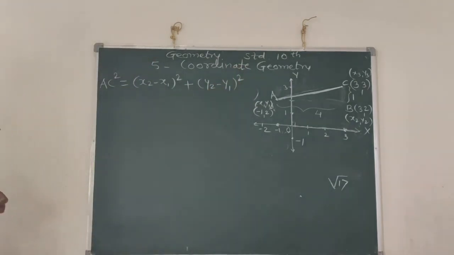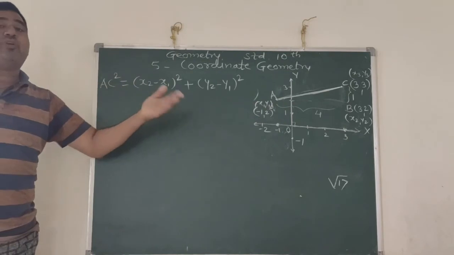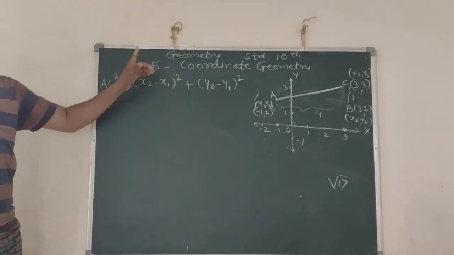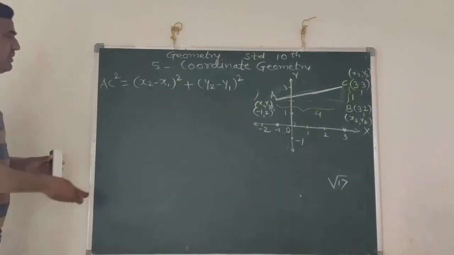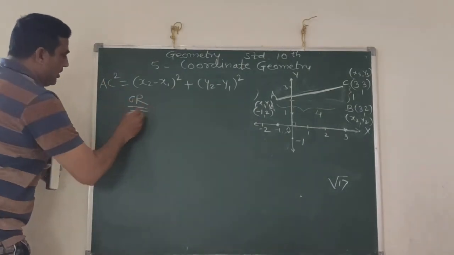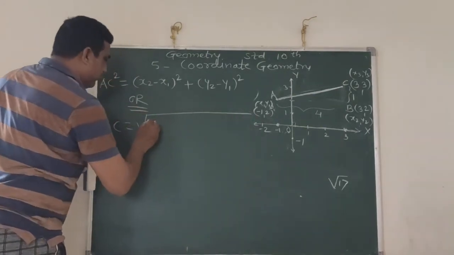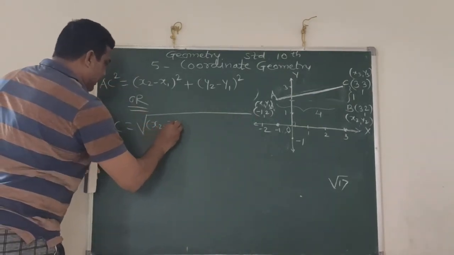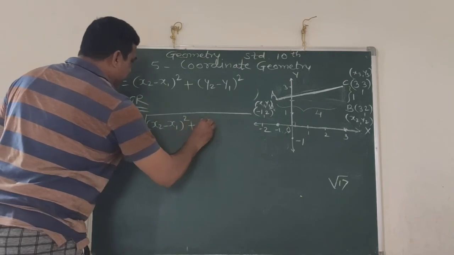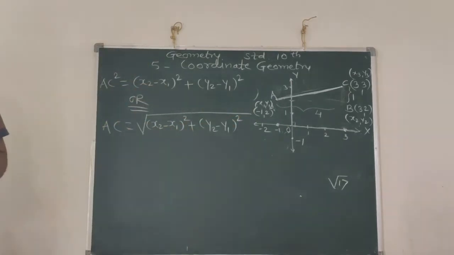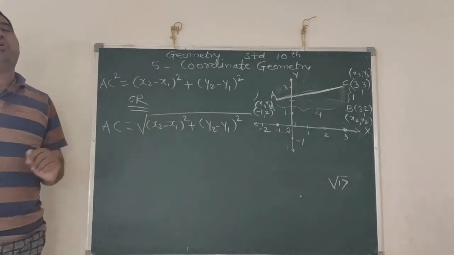If you don't want to use the square root sign, then you can avoid it by taking the square. Or AC is equal to the square root of x2 minus x1 bracket square plus y2 minus y1 bracket square. Both formulas are the same. We have to use them accordingly.